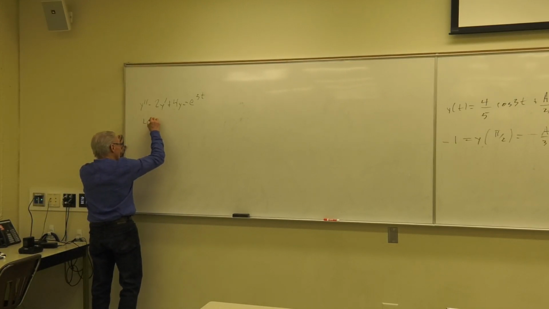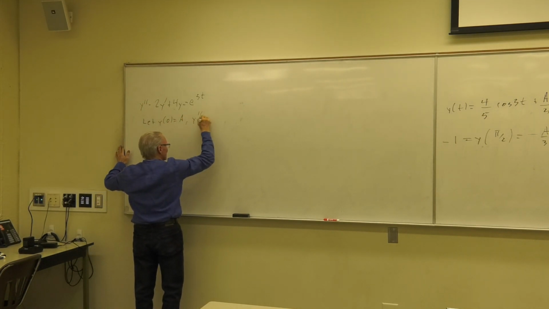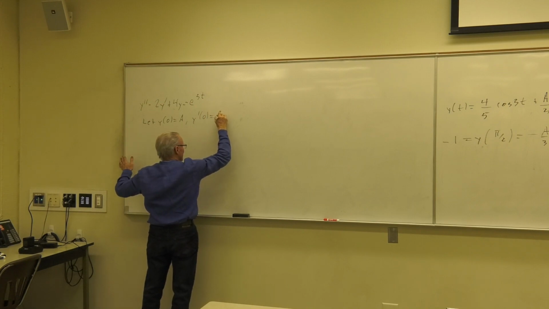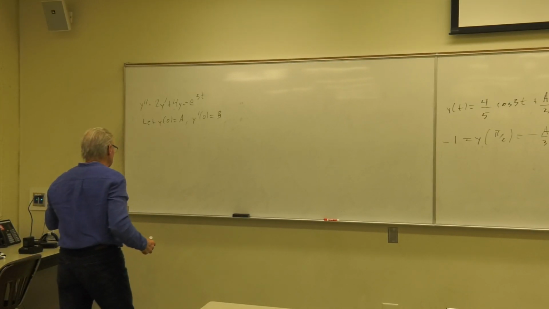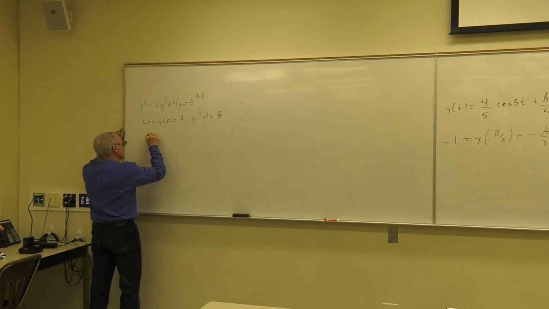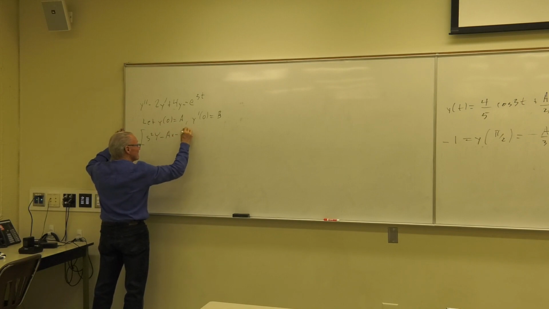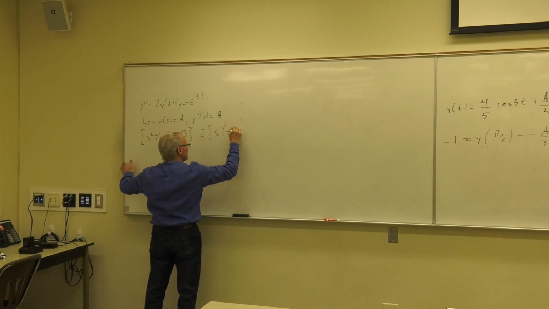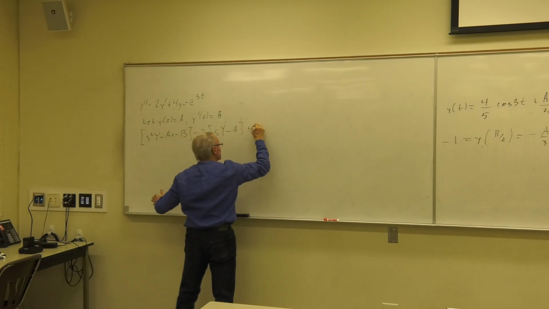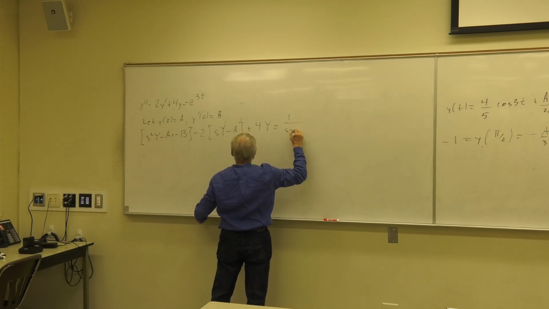Let y at 0 be equal to a and y prime at 0 be equal to b. Just like in the last problem, but there's two of them unknown now. So if we take transforms, we will get s squared big Y, minus as, minus b, minus 2s big Y, minus a, plus 4 big Y, is equal to 1 over s minus 3.